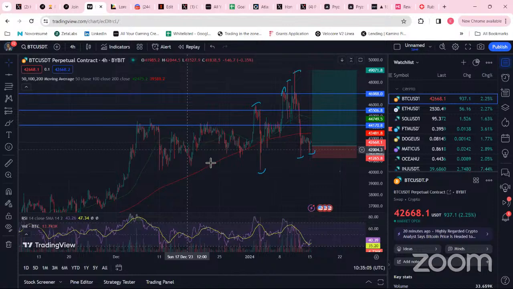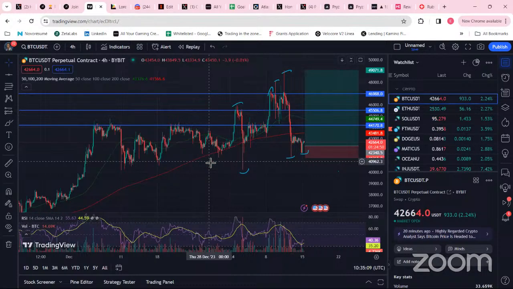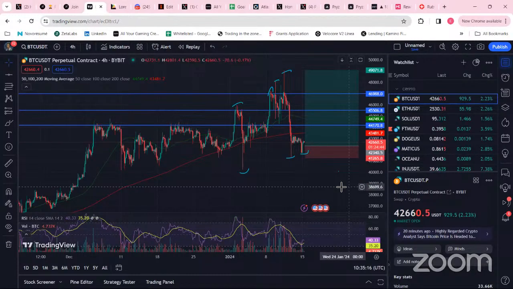But with BTC consolidating within this range, there are altcoins that are doing really well. There are altcoins that are bullish. So the idea is, while BTC is consolidating, if you want to trade, just look for altcoins that are bullish and trade them because they would be giving you major profits.